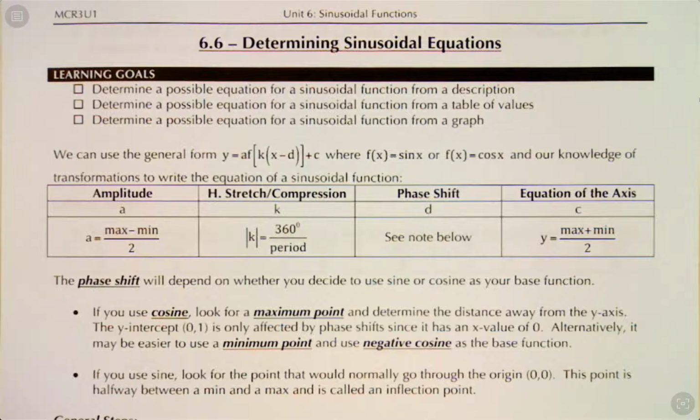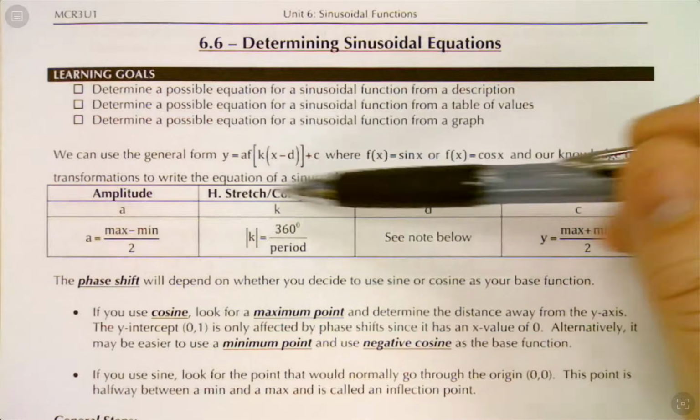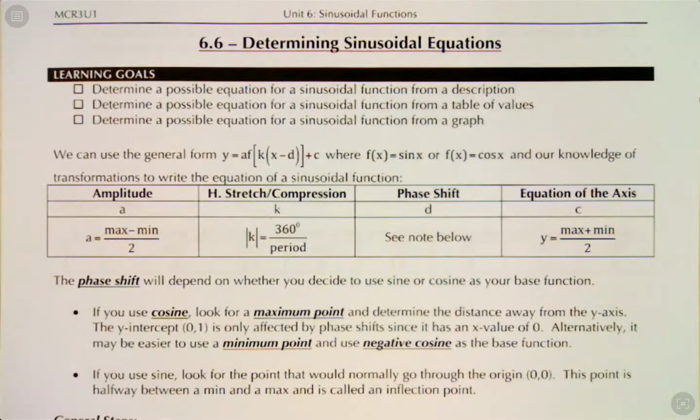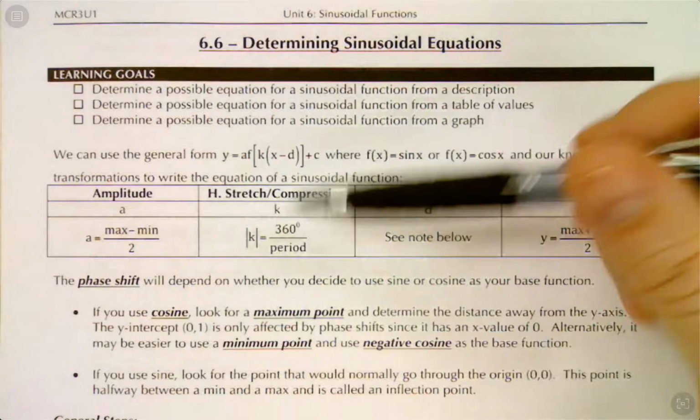Just like k and c, k, well, it is the horizontal stretch and compression, is directly related to the period of the sinusoidal function. So as we've looked, period is how long it takes for one complete rotation. Now, the standard sine and cosine graphs have a period of 360.